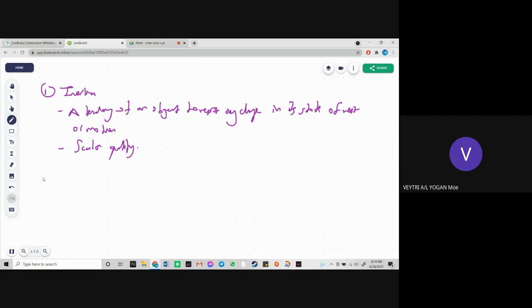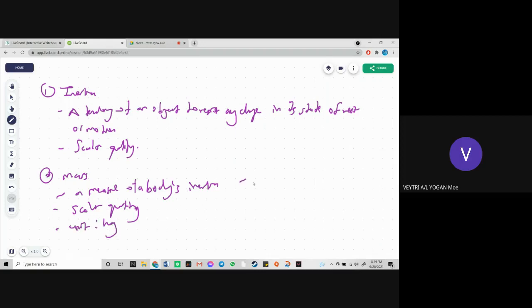Okay, next. Number two, mass. Mass is a measure of a body's inertia. It is a scalar quantity, unit kilogram. Okay, this is non-dependent on location. What does that mean?